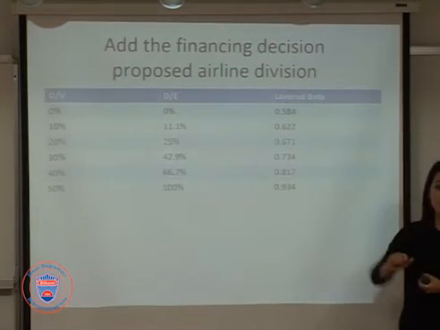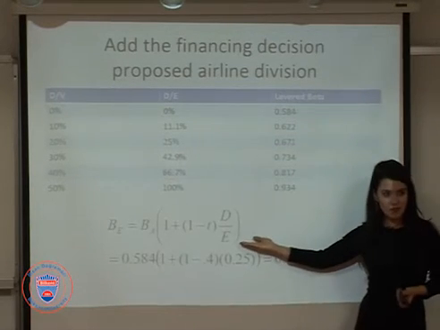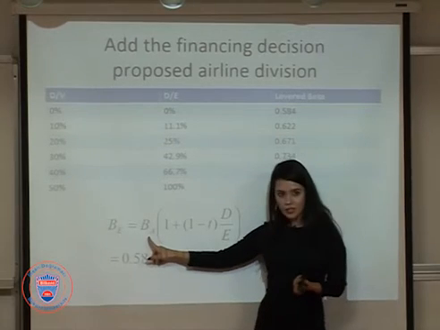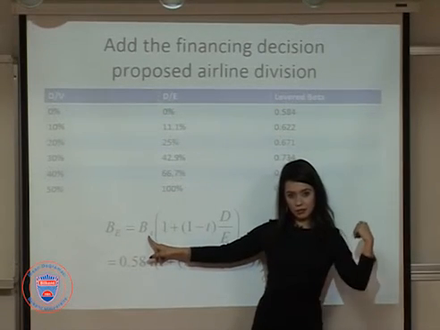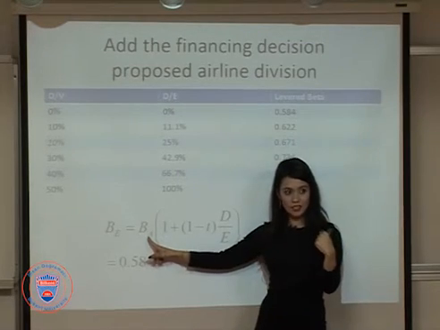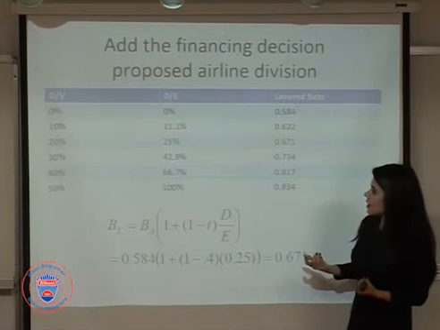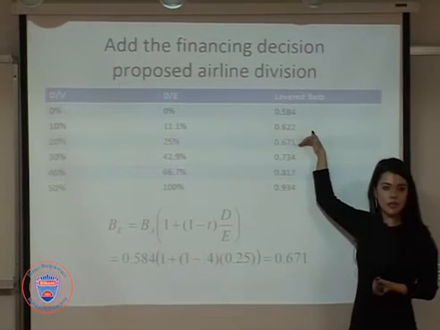Then I'm going to find levered beta, equity beta, using the same formula. I already found the asset beta in the previous slides, which is the average of asset betas of the companies. Suppose that as the CFO, I decided to use 20% debt.